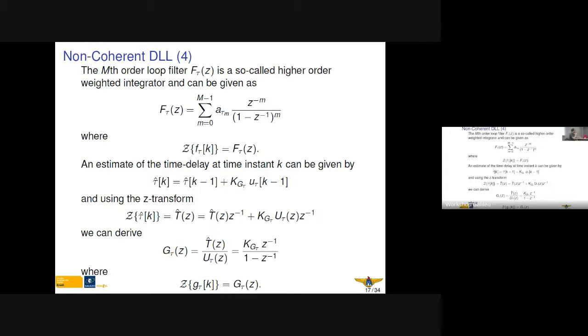And we can give here the transfer function of this integrator, deriving from this time delay estimate. The transfer function G of tau of z is the Z transform of tau hat divided by the Z transform of u of tau.